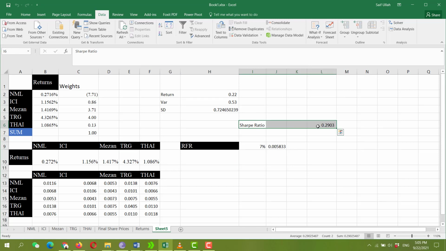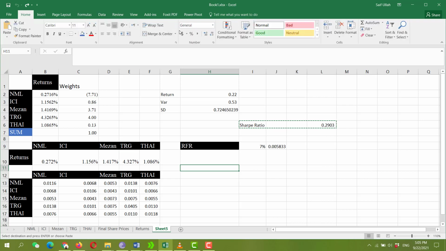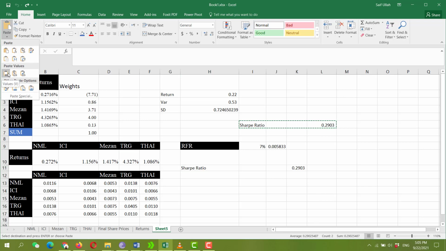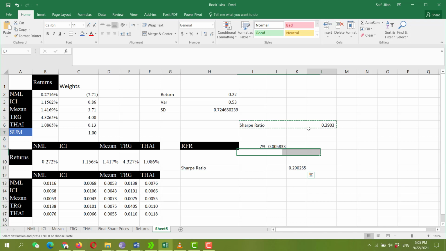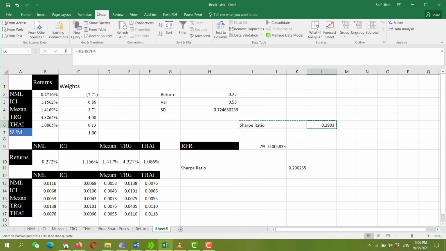Now the Sharpe ratio shows that the return of the portfolio in excess of risk-free rate of return is 0.29. It means 29% approximately. I will copy it here for future reference and then use Solver again to see what type of optimization we can apply here.